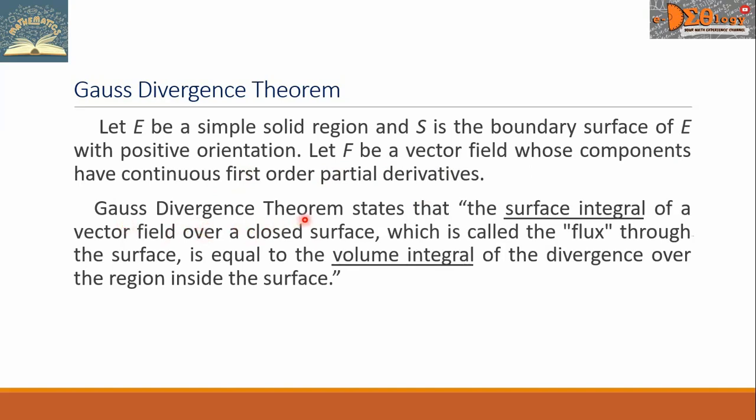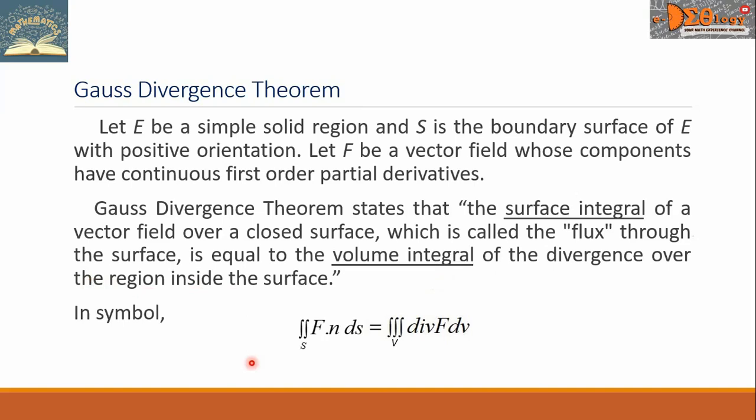Gauss divergence theorem states that the surface integral of a vector field over a closed surface, which is called the flux through the surface, is equal to the volume integral of the divergence over the region inside the surface.